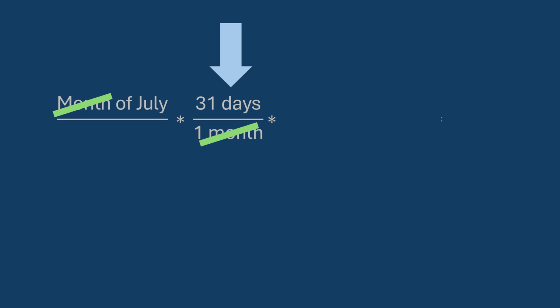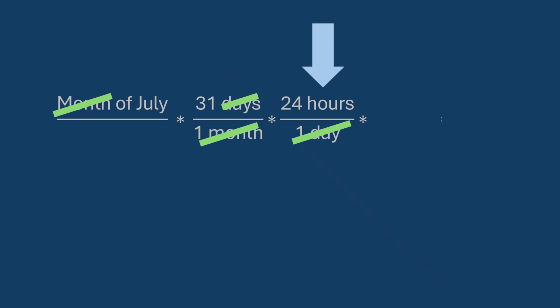The next step down from days is going to be hours, and we know that there are 24 hours in one day. Again, watch the placement of the units. Since I'm moving from days to hours, the days need to go in the denominator so that I can cancel that unit out. Right now, any value that I would calculate would be in terms of hours.